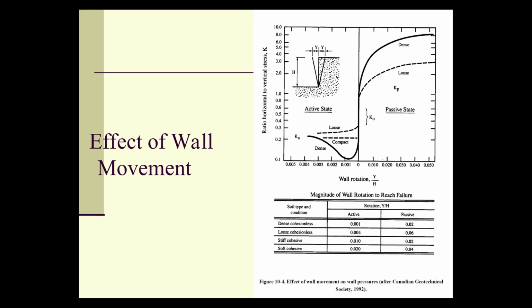Those values are actually measured in terms of the ratio of the wall rotation at the top, particularly, versus the height, the Y over H ratio. And typical Y over H ratios are given in that little table down there. Those will become more important when we get to foundations. For the moment, let's stick with the concept that it's kind of like the same thing with the failure function.